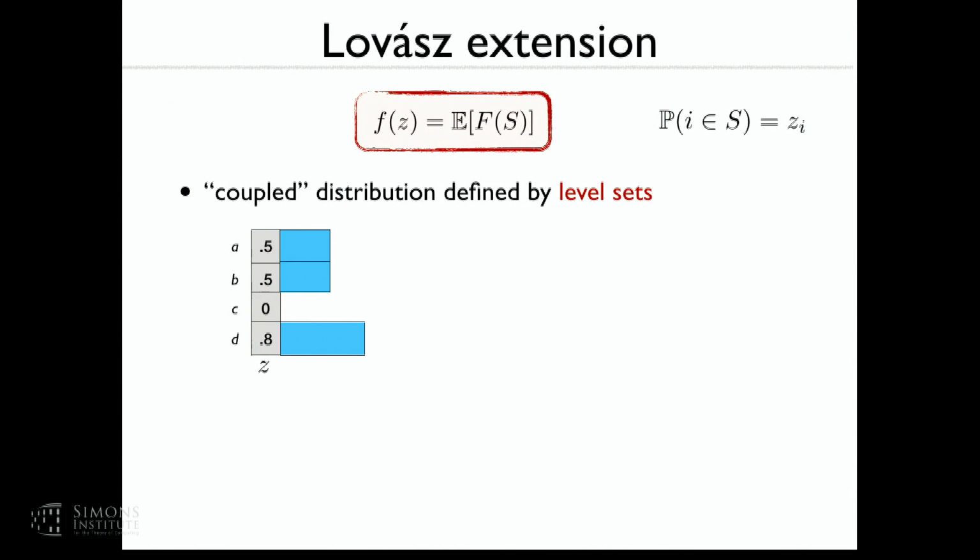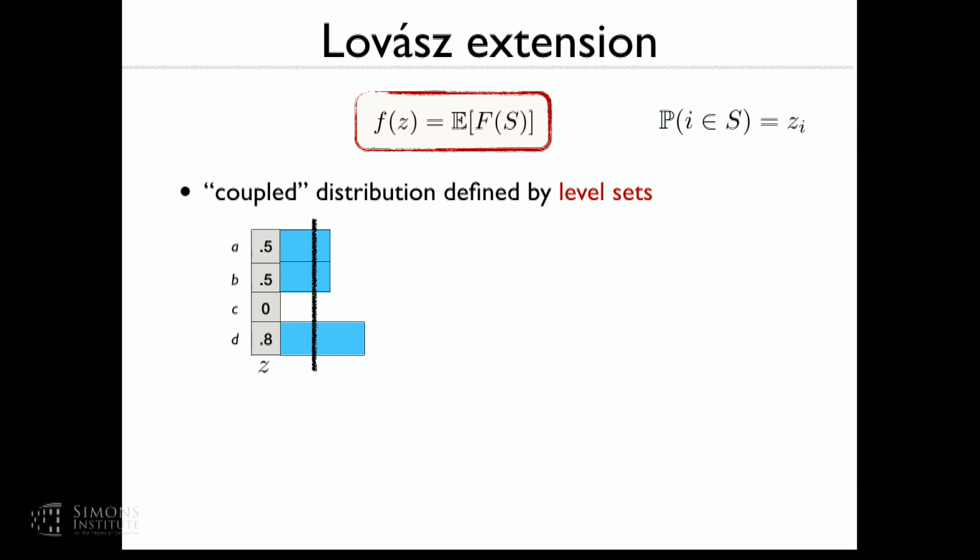So here's the construction. Again, we have our marginals. We want the marginals to coincide, but this time we correlate the variables very strongly by what I call level sets. You can think of this as a histogram or mountains. So we have like 0.5 length here, we have 0.8 length here. And now we randomly draw a threshold between 0 and 1, and we pick all the items that exceed that threshold.